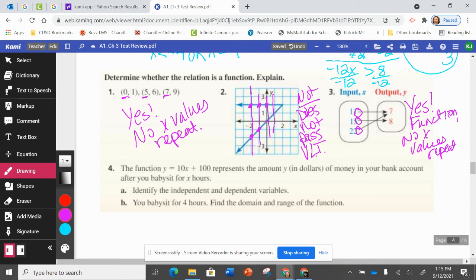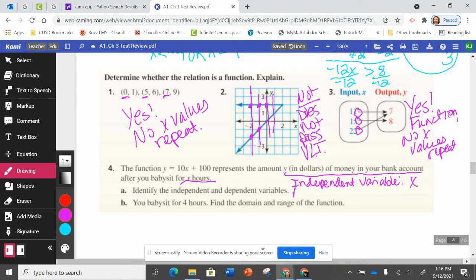Independent and dependent variables. All right, so we have our function about babysitting for X hours, and Y is the money in your bank account. Remember, the independent variable is X values. And so we're looking for what does the dependent variable depend on.